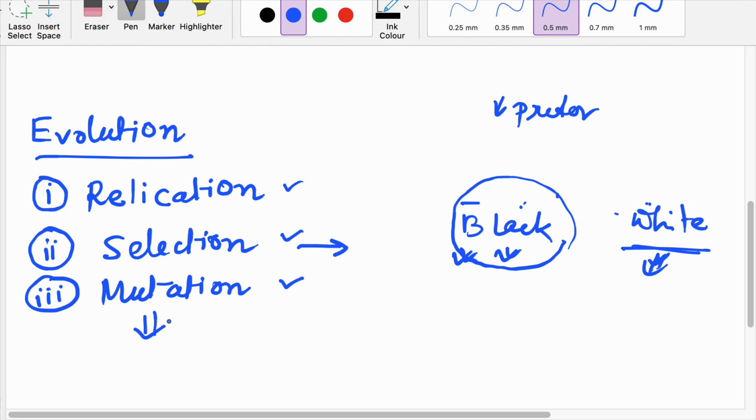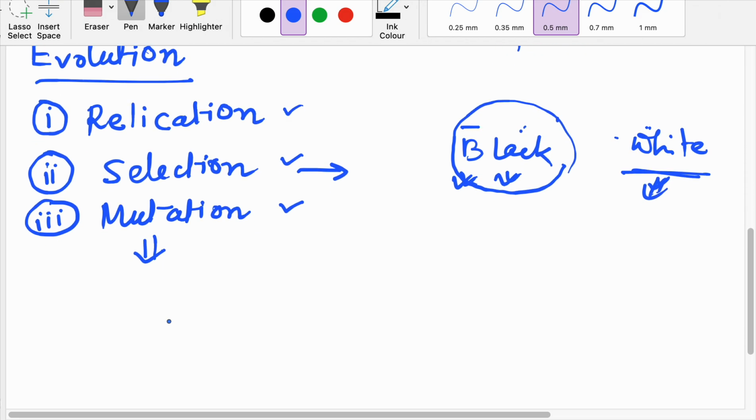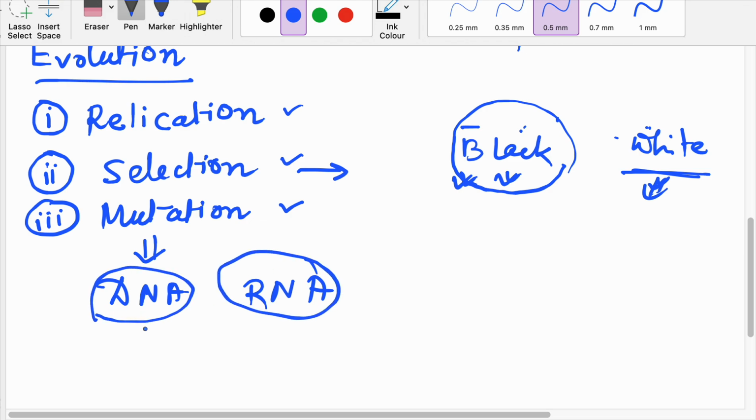Because when replication happens, the behavior is maintained by its genetic material, which is called DNA and RNA. While making a copy of DNA and RNA, because it's not a perfect process, the probability of making an error is very high.